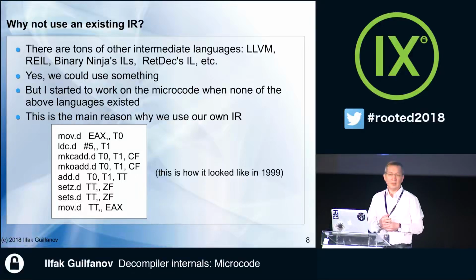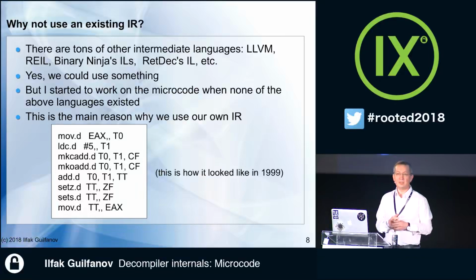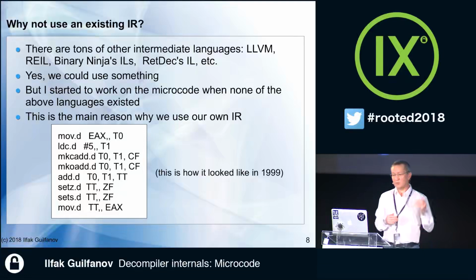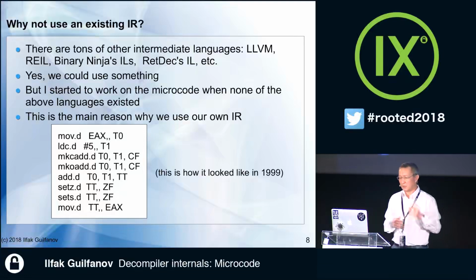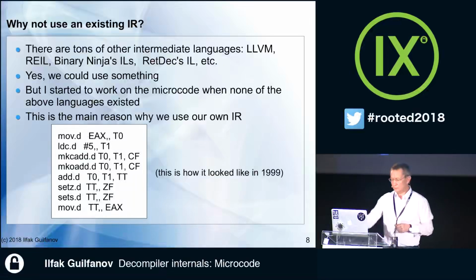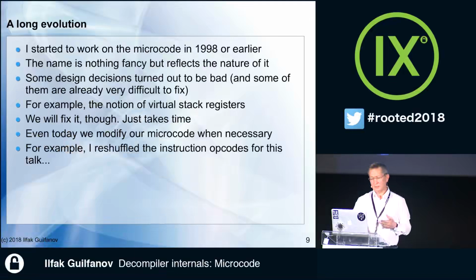So we already had some kind of intermediate language, and it was already called microcode. It was looking ugly at that time. You see how it looks. We have uppercase register names, double commas, and things like that. But it was simple, and it was already robust.